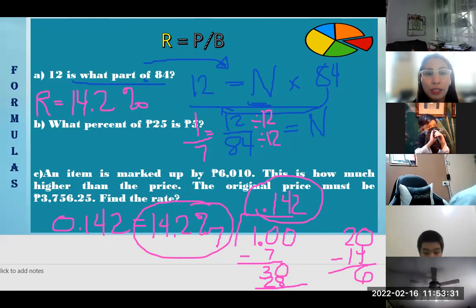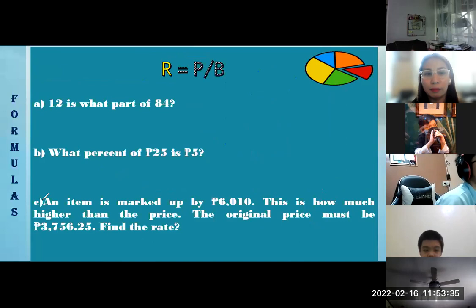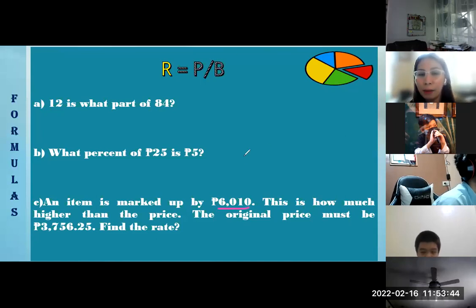Okay, so let's proceed with the letter C. This one. An item is marked up by 6,010 pesos. Okay, mark up. Ano ba yung mark up, class?